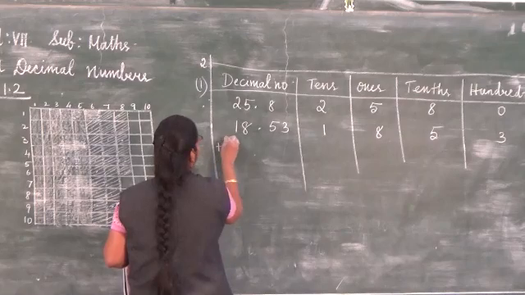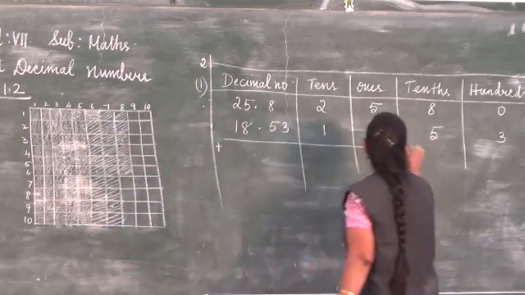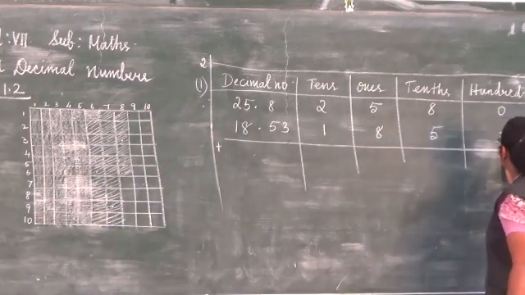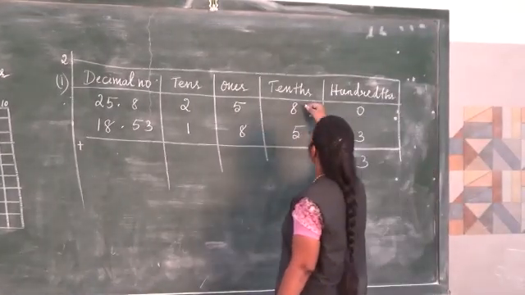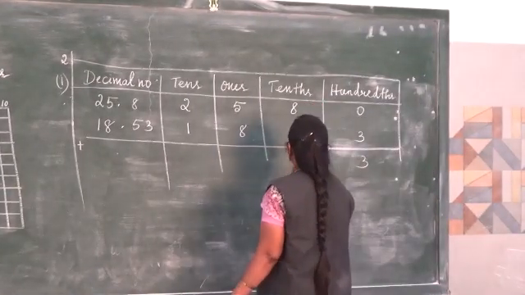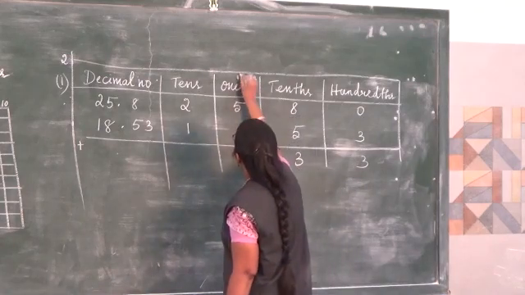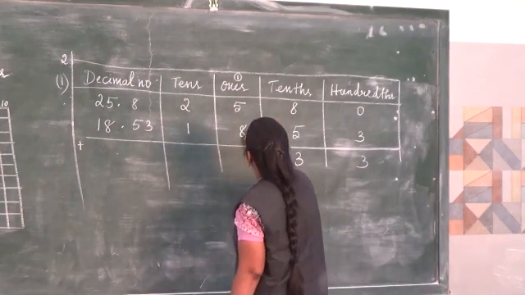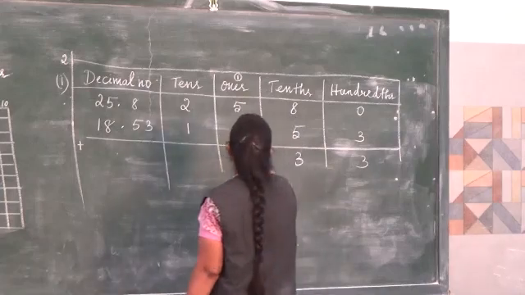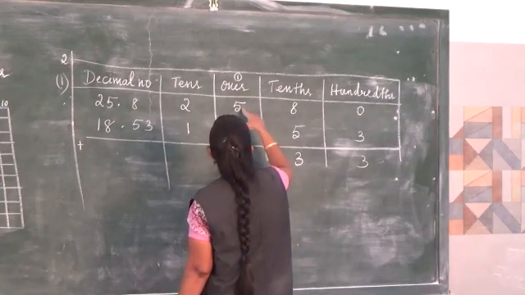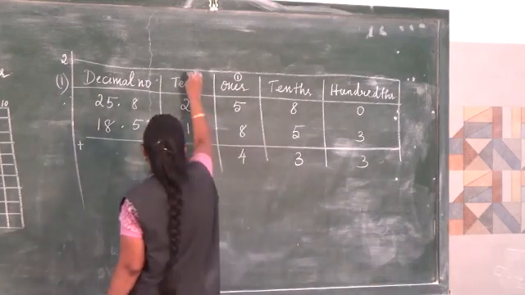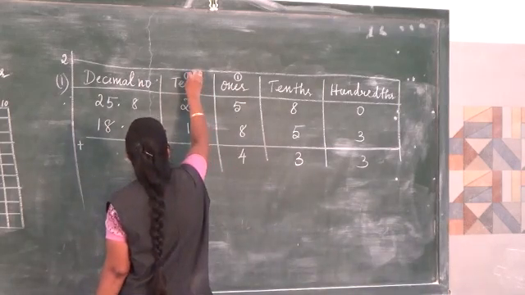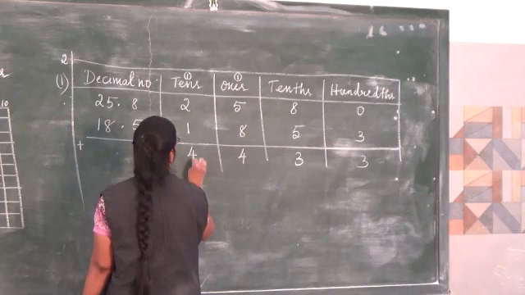So you are going to add these two numbers. So 3, 8 plus 5, 8, 9, 10, 13, 3. So 1 carry over. So 8 plus 5, 13, 13 plus 1, 14. So 1 carry over. So 1, 3, 4.